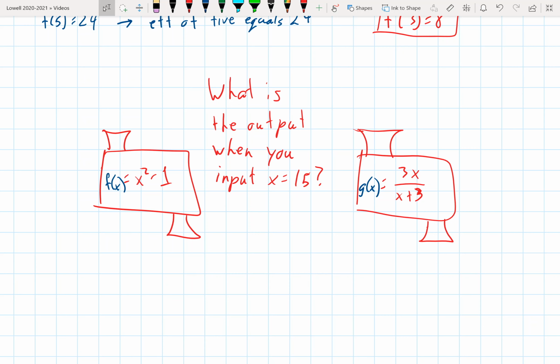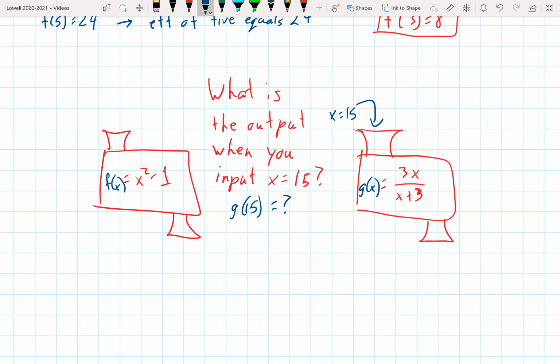So now, because I know I give them different names, now I actually can easily tell you which one to plug in. So if I ask for now, oh, okay, what is g of 15? You know right away, oh, I'm supposed to plug in 15 into this one right here.